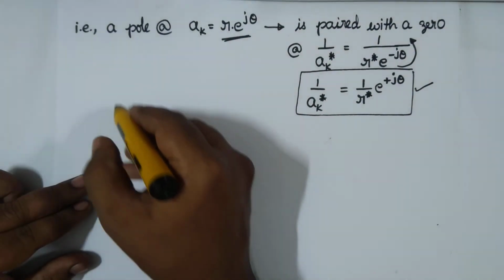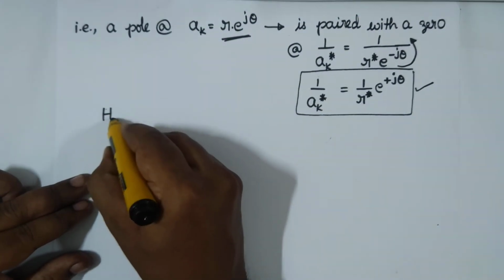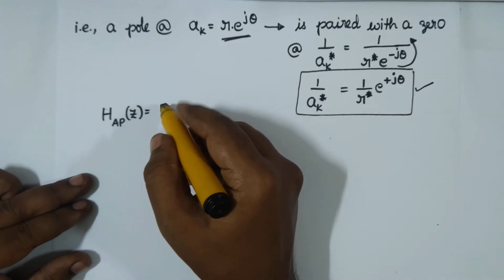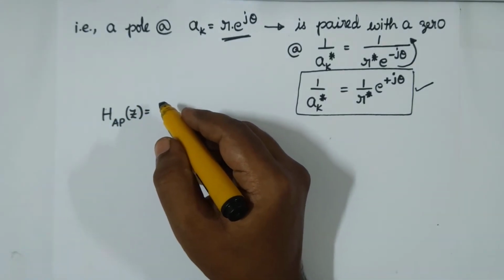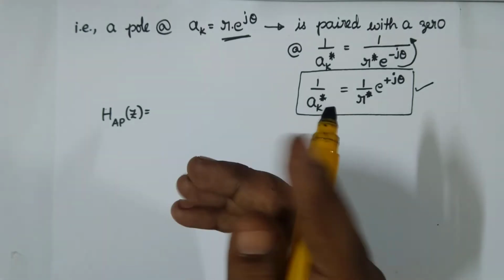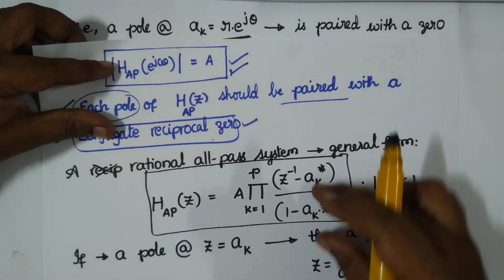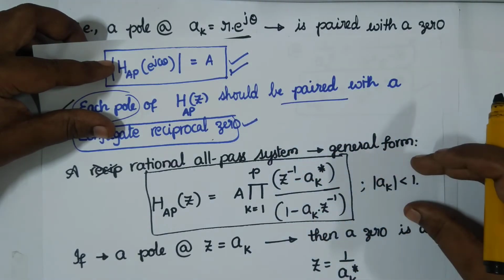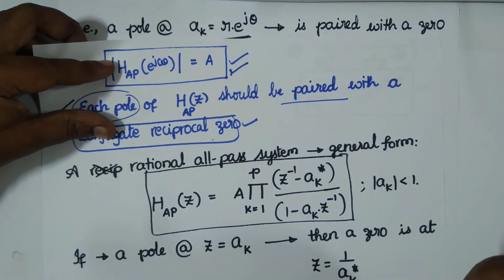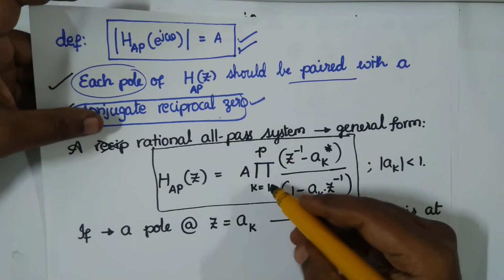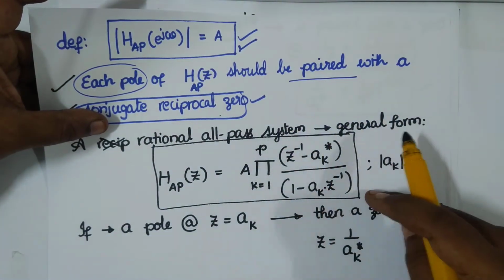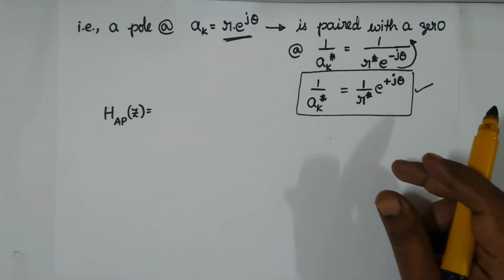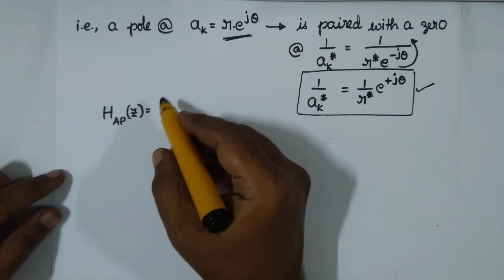Alright, so therefore let me take down my single order all pass system. Okay, single order all pass system. See, now here we have a cascade of this combination, right, like this. So out of this cascade I will just take one. Because here we have p zeros and p poles, I'll just take only a single zero, single pole pair as our system function.